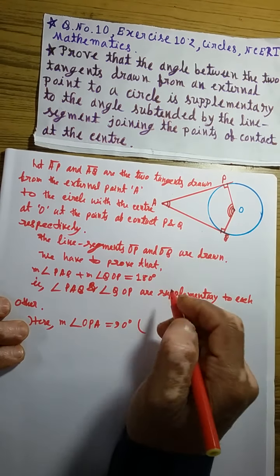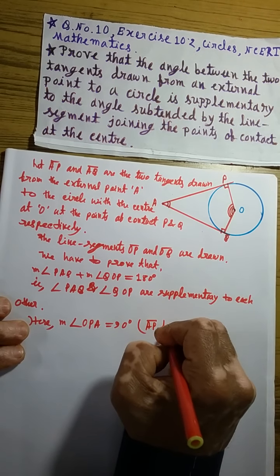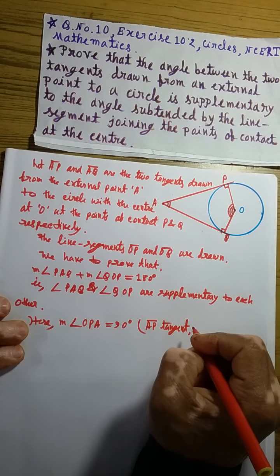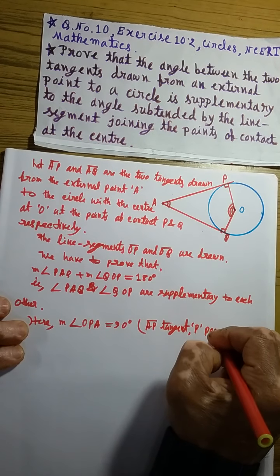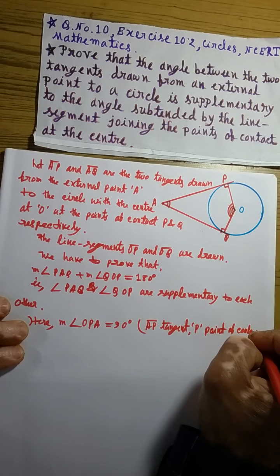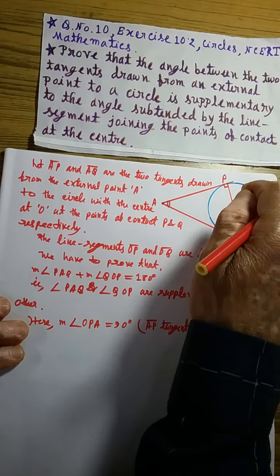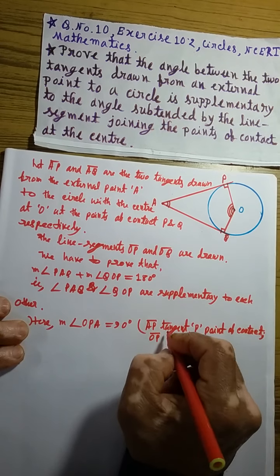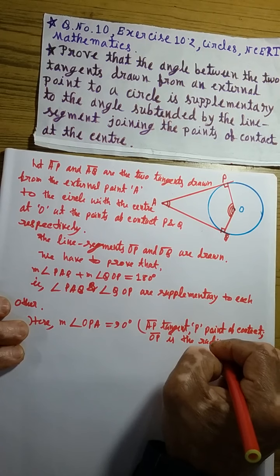Write within bracket: AP tangent, P point of contact, OP is the radius.